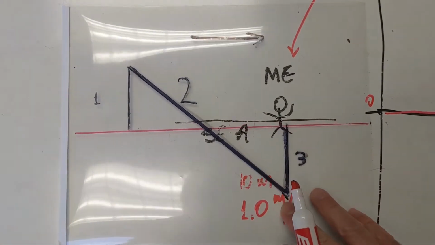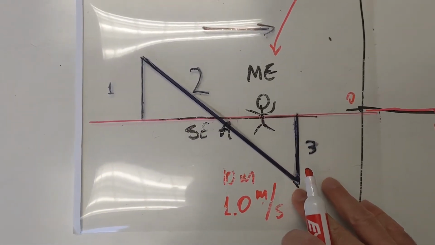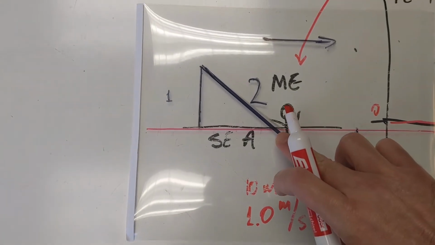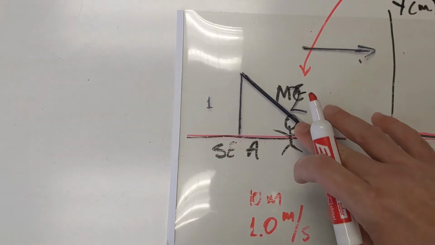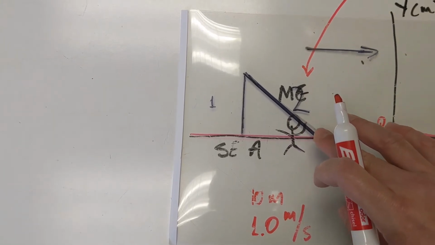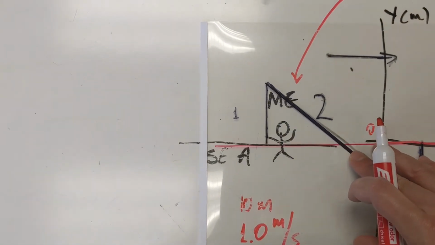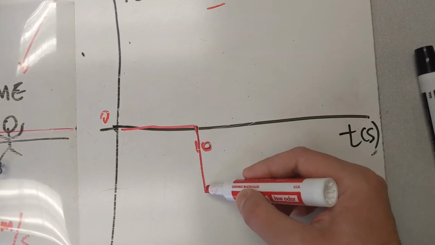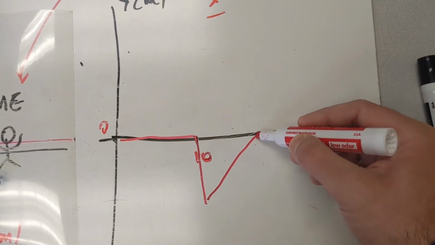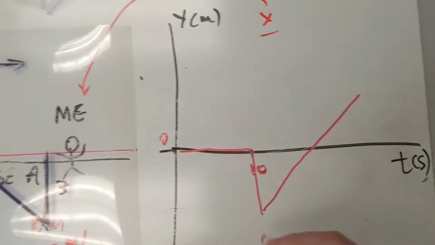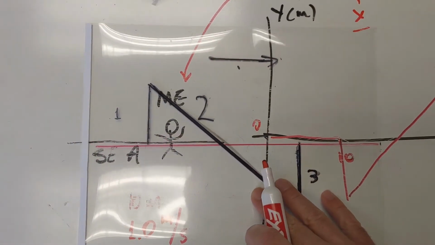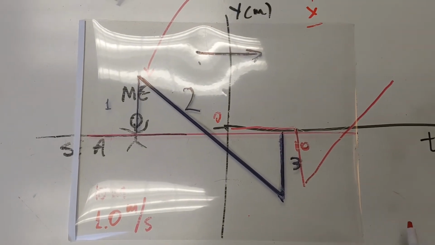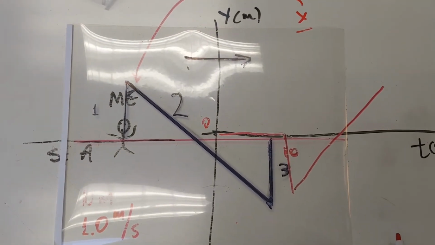Now, you can see as the wave continues to move to the right, I'm gonna be here, and then I'm gonna be here, and then I'm gonna be here. So I'm passing 0, and then I keep going up and up and up. Going back here, what this means is my y value is going to be increasing until I reach this particular point where I have reached the maximum height of the wave.